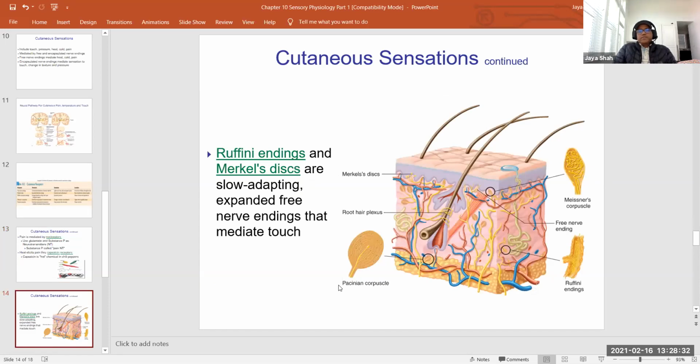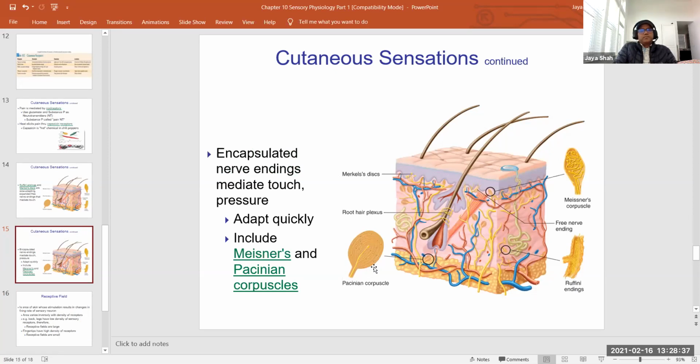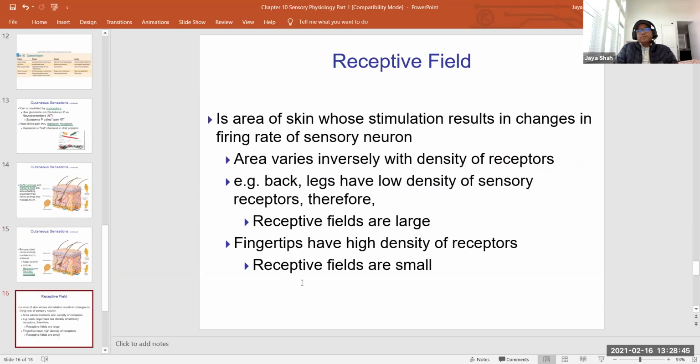These are the cutaneous receptors, Ruffini's, Merkel disc we talked about. These all are the nerve endings in the skin. You see. Okay. Now, some part of our skin is very sensitive and some part is less.